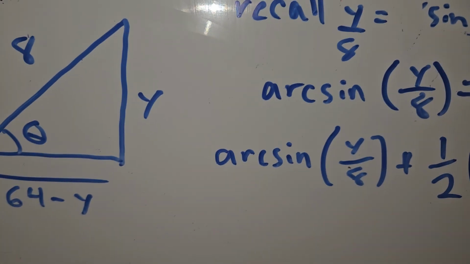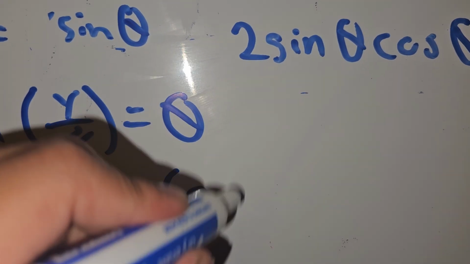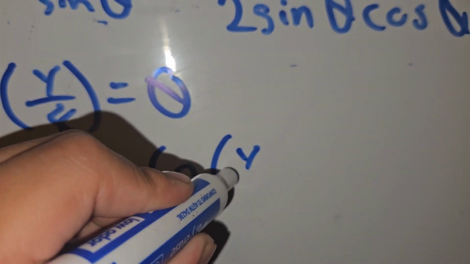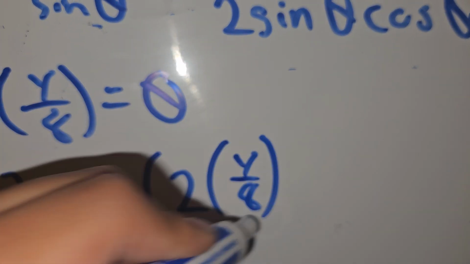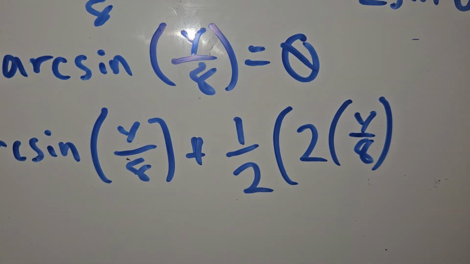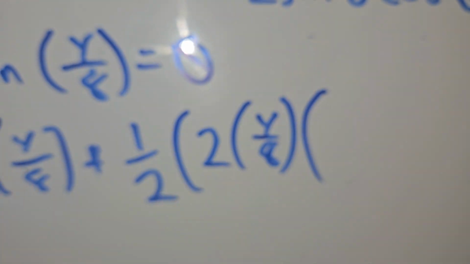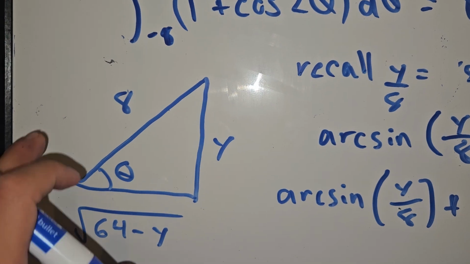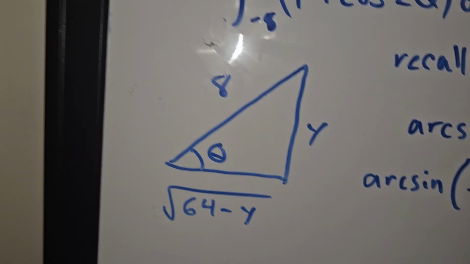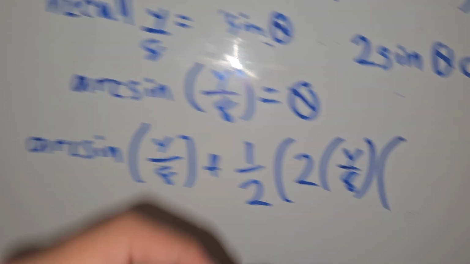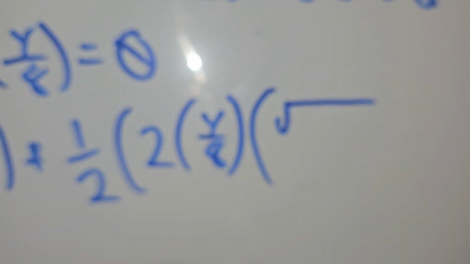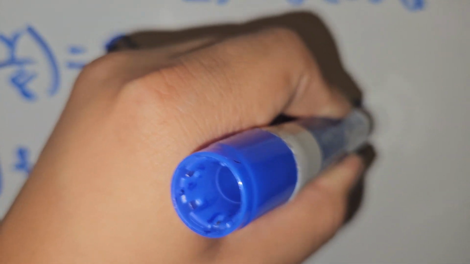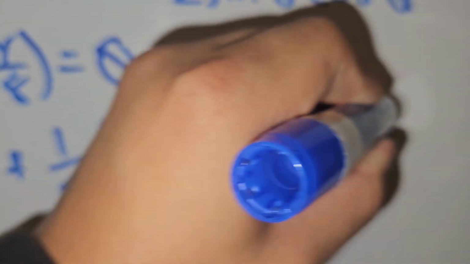Sine is y/8. What's cosine? Cosine is adjacent over hypotenuse. Cosine is root 64 minus y squared, over 8.